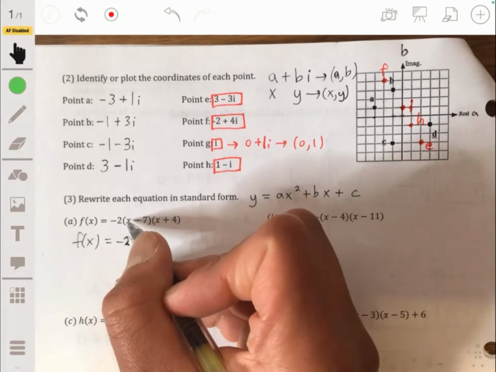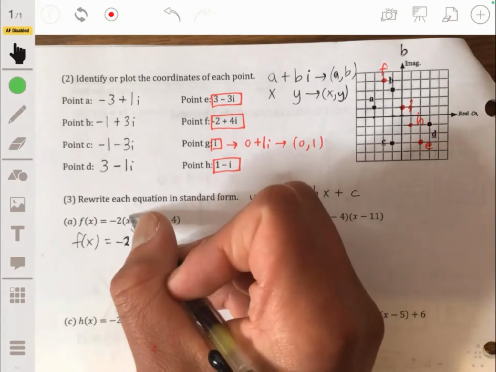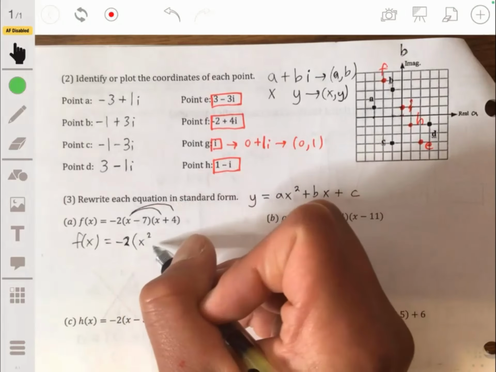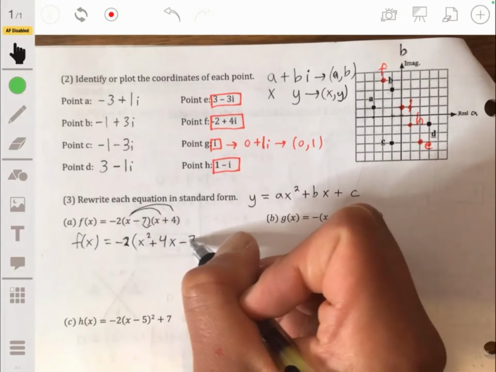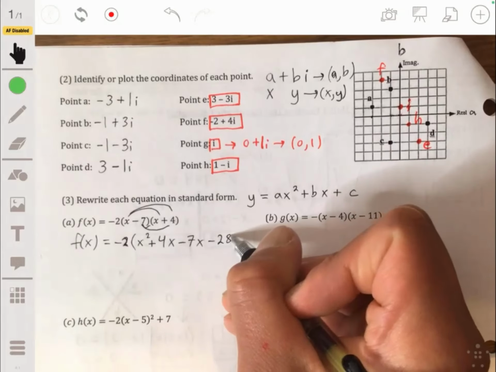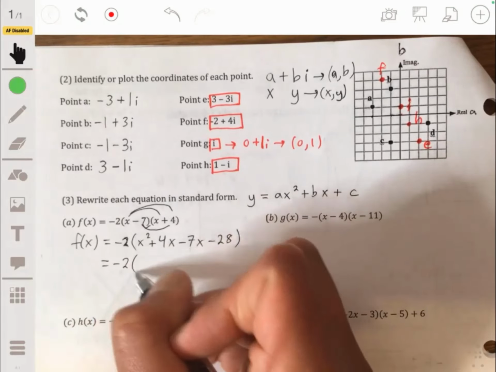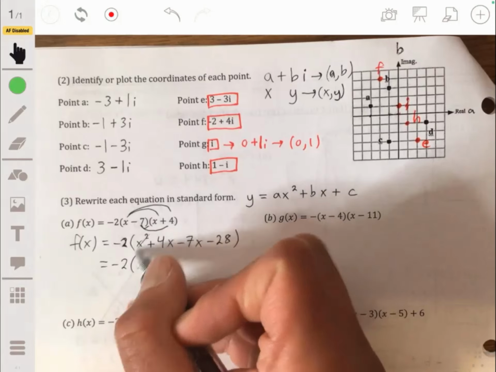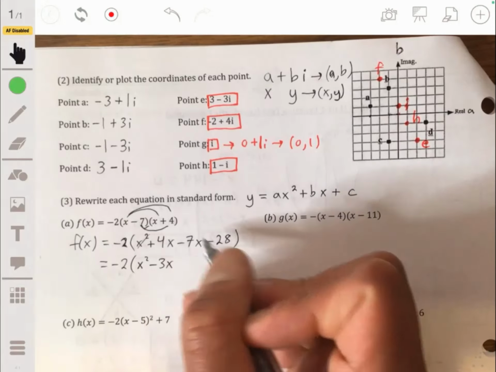And what we're going to do is first multiply these two groups out. So we're going to have x times x, x times 4, 4x, negative 7 times x, minus 7x, negative 7 times 4, minus 28. Let's simplify the inside of the parentheses. So x squared just stays as x squared. 4x minus 7x, so minus 3x.